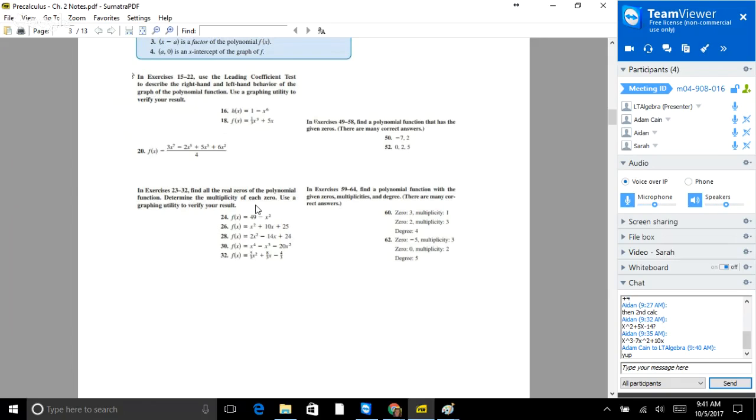Now we're going to move on to some other techniques for when a function is not as easy to factor.